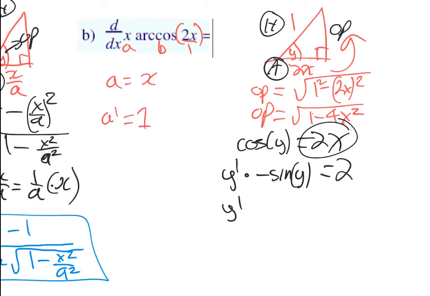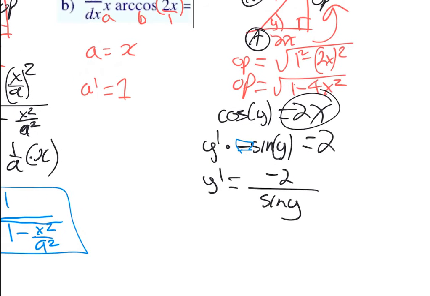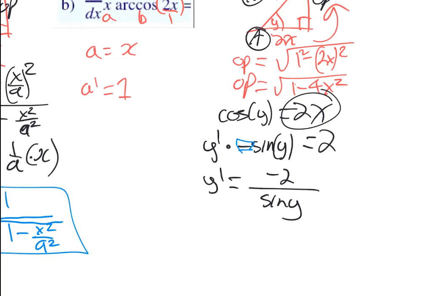Isolate for y prime, and y prime equals negative 2 divided by sine y, right? Because that negative there can go on the top or the bottom. And by convention, again, we put it in the numerator. So that, by the way, is, that y prime is actually our b prime.